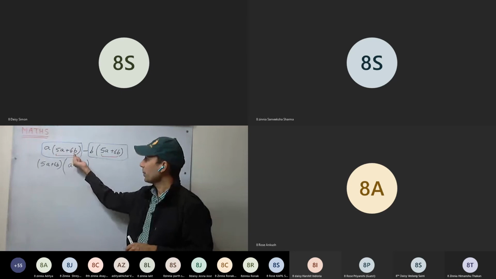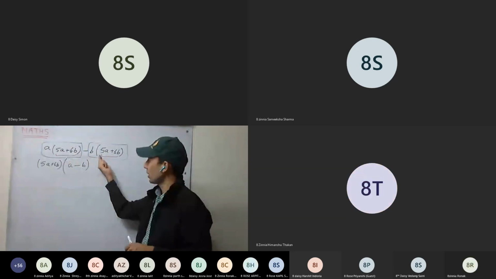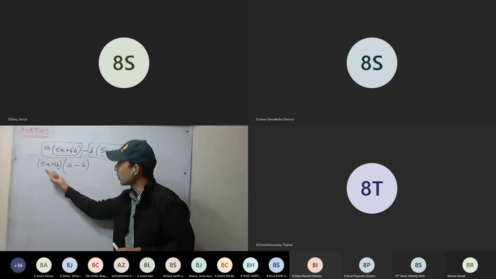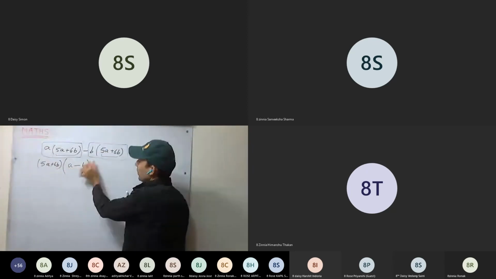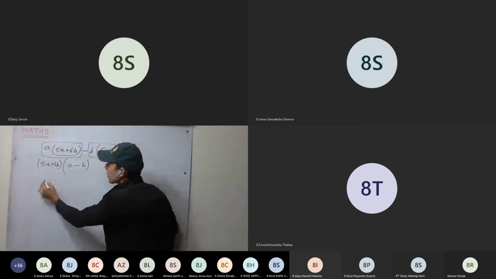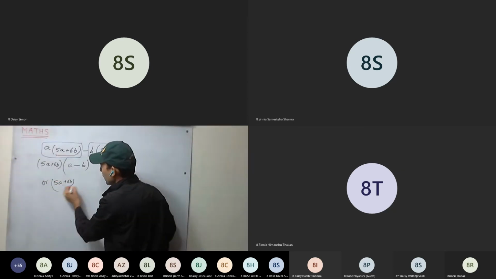Okay, 5a plus 6b is the common factor between these two terms. So we'll take it out. So what is remaining? a is only remaining, b is only remaining. Or you can do it like this: 5a plus 6b is common.